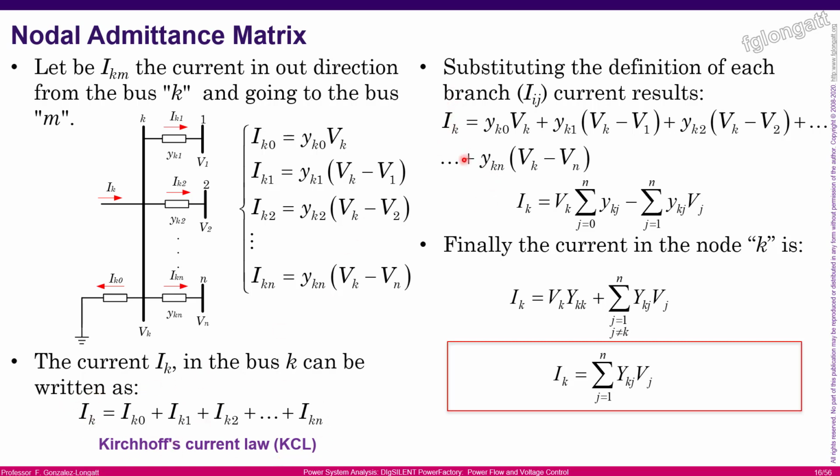We put together the expression of the current at the bus bar 0, 1, and so on, and we get this beautiful linear relationship. It says that the current going into the bus bar K is equal to the sum of all the currents going out. In other words, this is just a very basic application of Kirchhoff's current law.